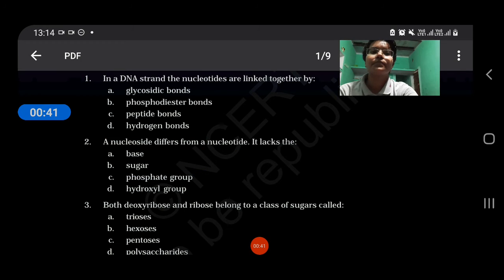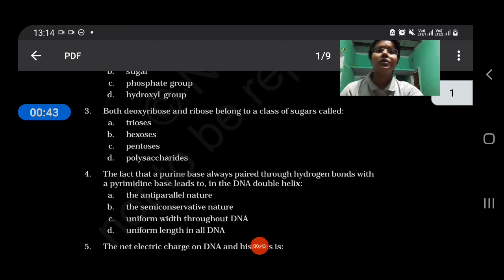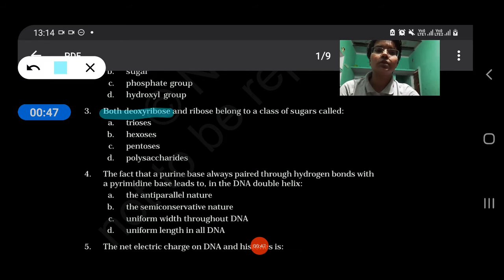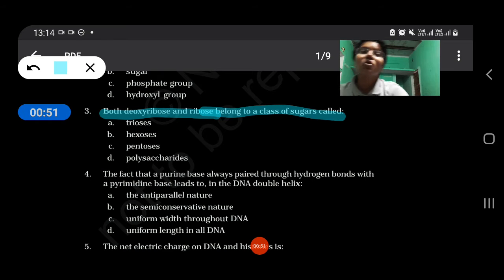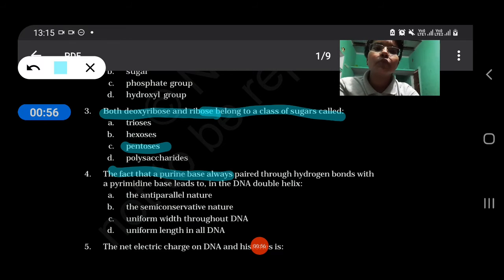Okay. Both deoxyribose and ribose belong to a class of sugars called pentoses. Okay.